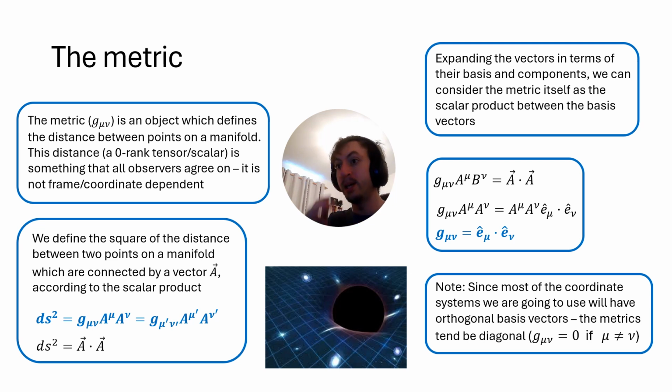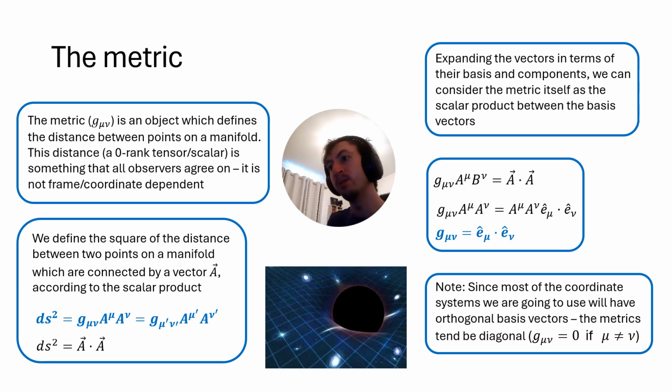Essentially, the scalar product of a spacetime axis with itself doesn't have to be zero, but the scalar product of the basis vectors of a spacetime axis with another spacetime axis will be zero. And therefore, the only components of our metric which are going to be non-zero, in our orthogonal coordinate system, if you like, are the diagonal components of our metric.